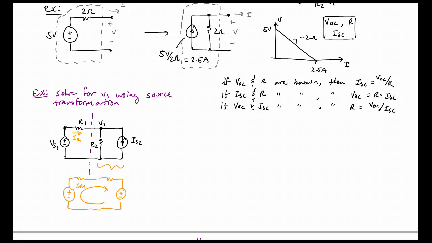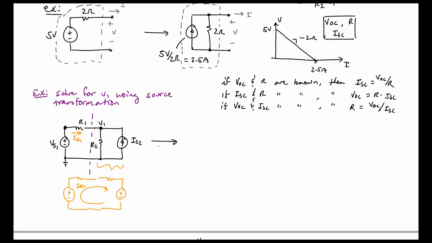Just sum the voltages, the independent sources, divided by the total resistance, and you get the current. So going to a single loop circuit would be the thing to do if you are looking to find the current. But if you want to find the voltage, which is what we're after here, you're better off putting it into a single node pair. And so that's what we're going to do here.